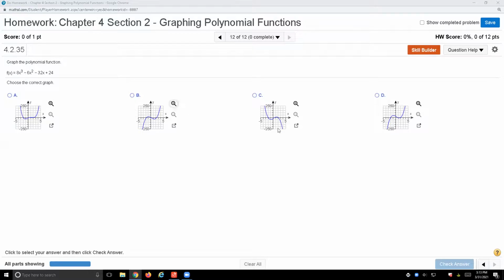And A is positive, so it can't be C. So it's either, right, because we figured out the multiplicity is 1, so it has to cross. This one bounces, so it can't be B. So it crosses at 3 points. So it has to be B, because we have degree 3, both ends point different directions, and we have 3 x-intercepts.